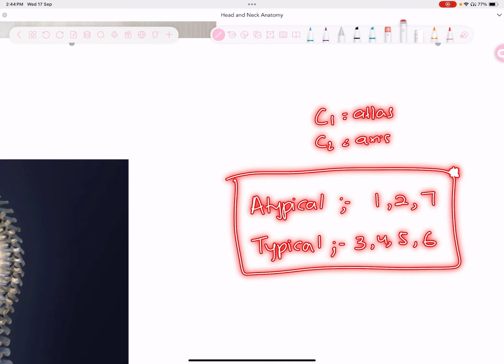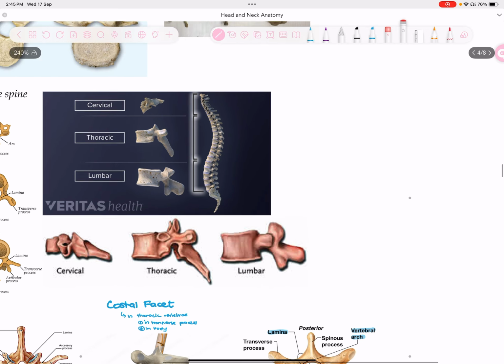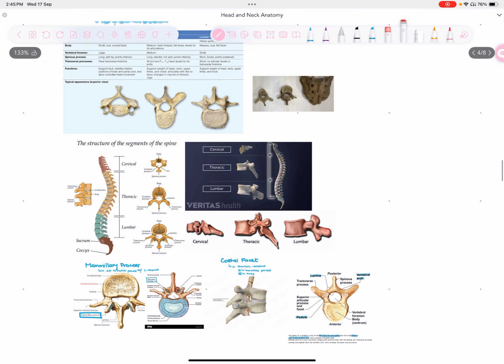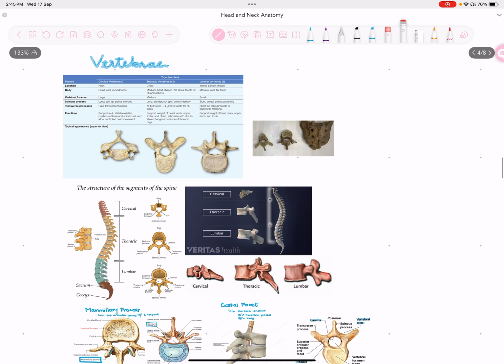It has no body at all. Whereas Axis has an odontoid process. Odontoid process is also known as dens process. This is one feature that none of the other vertebrae has, right? So that's how you can differentiate between C1 and C2. So that's pretty much it, and I hope I've cleared the basics.